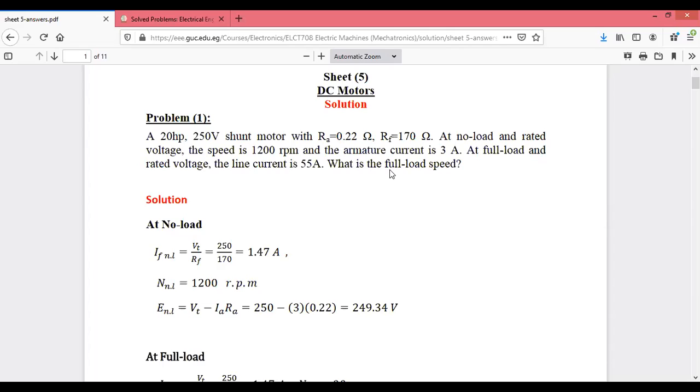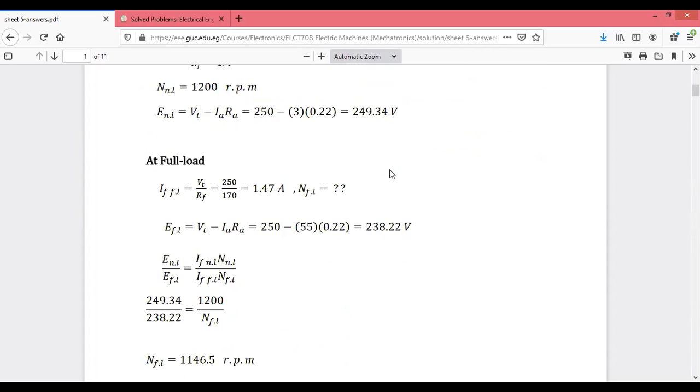We are aware of the EMF equations, which are in the form of speed and current.